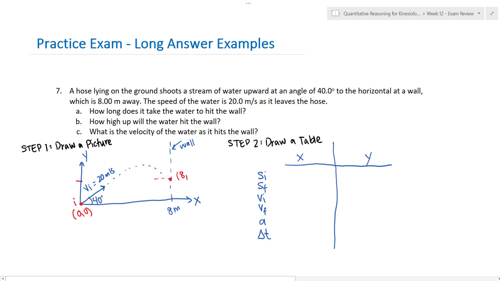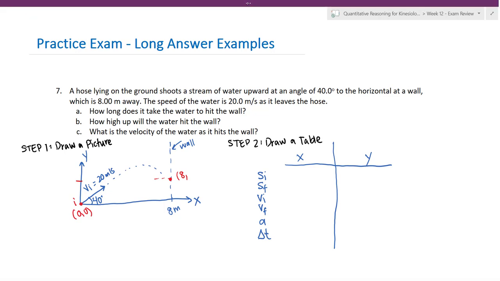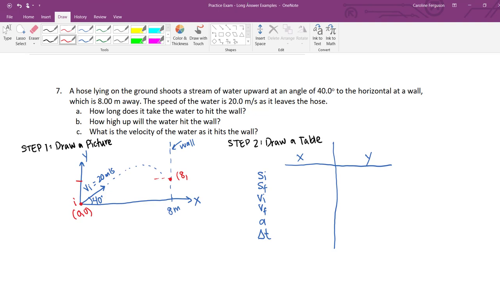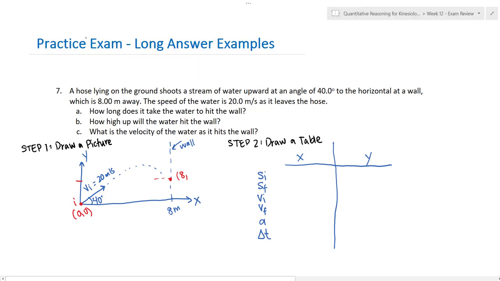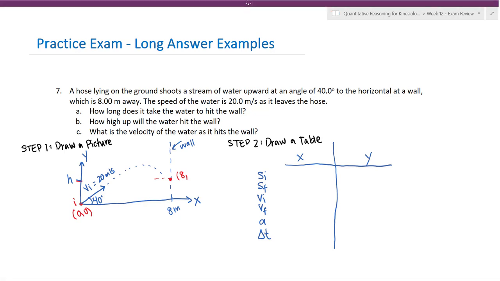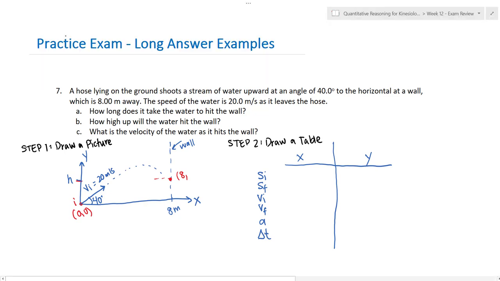Okay, so we need to put in something for that value on our graph. We can pick any variable we want. Part B is asking how high up will the water hit the wall, so that's what we're looking for in part B. So we can pick whatever we want. That's the height of the water when it hits the wall, so we'll just call it h. Okay, so that's an unknown value. So that point then would be 8, comma, h.